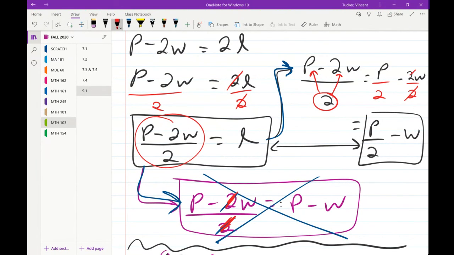The 2's involving the W can cancel, but the 2 under the P still has to be there. So P over 2 minus W is the same thing as P minus 2W over 2. Either one of these answers is fine, but don't cancel out the 2 and not let it affect the P as well. Everything in that numerator has to be affected by the division by 2.